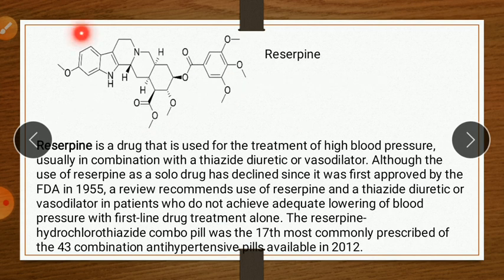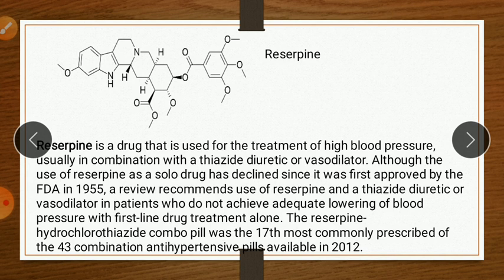The main drug of this category is reserpine. So it is the structure of reserpine. Reserpine is used for the treatment of high blood pressure, usually in combination with a thiazide diuretic or vasodilator. Although the use of reserpine as a solo drug has declined since it was first approved by the FDA in 1955, a review recommended use of reserpine with a thiazide diuretic or vasodilator in patients who do not achieve adequate lowering of blood pressure with first-line drug treatment alone.